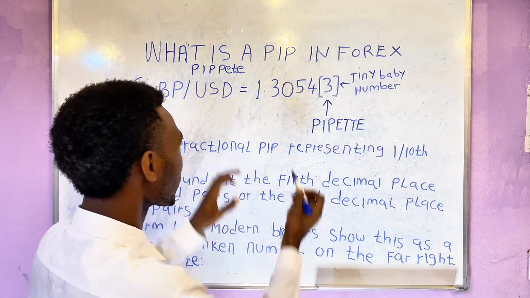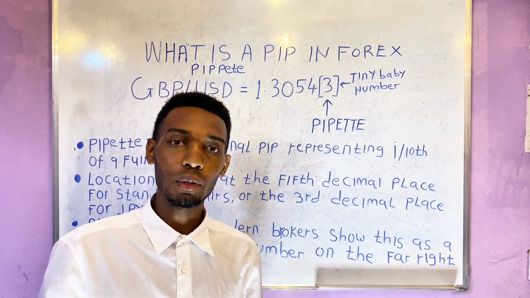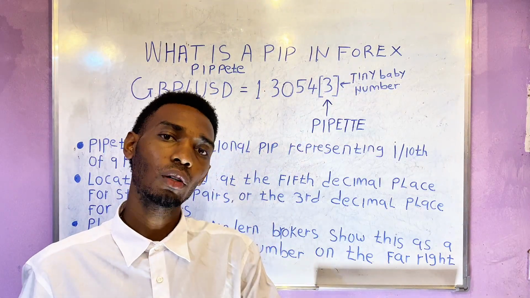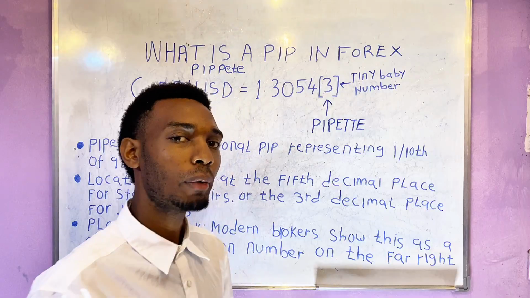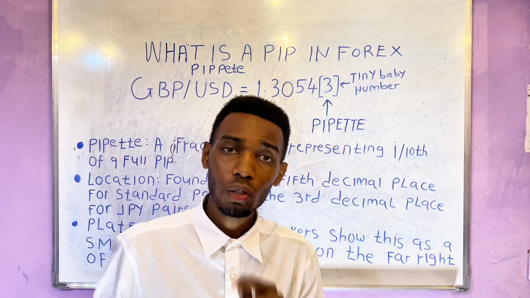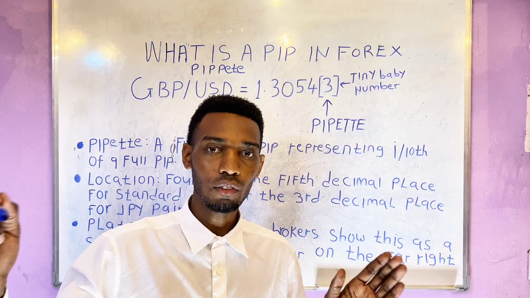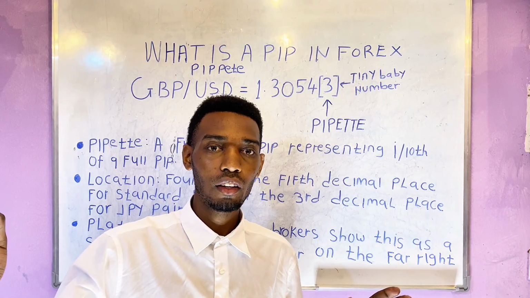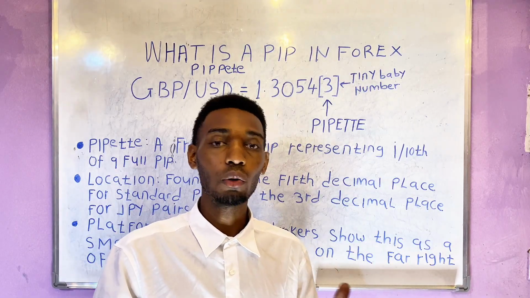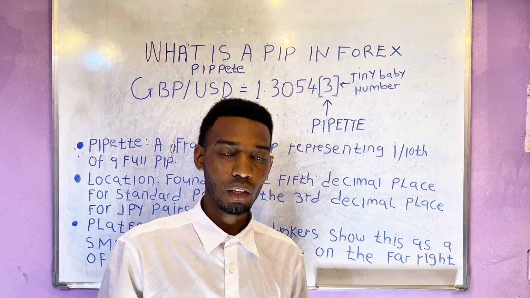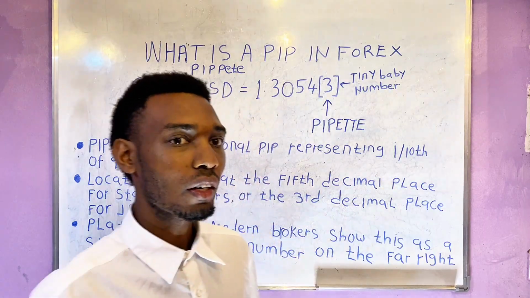Now, we said a PIP has 4 decimal places. In a pipette, most brokers put in a fifth digit in showing how the price changes. That one cannot scare you.